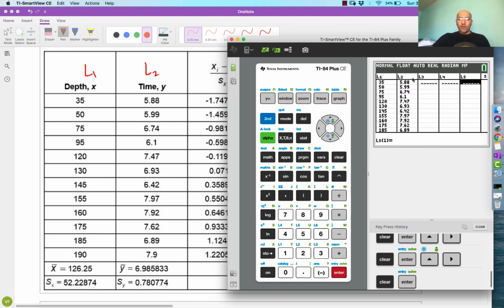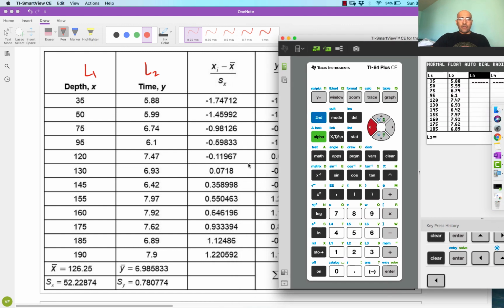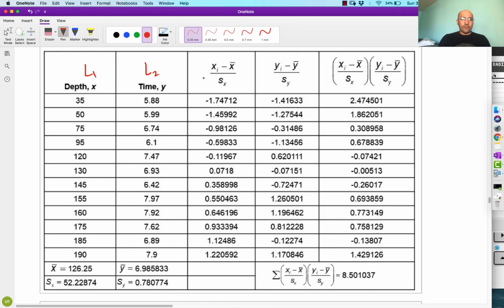For list 3, let's recreate this column. How do we get list 3? Each value in list 1 gets subtracted by the mean and then divided by the standard deviation.